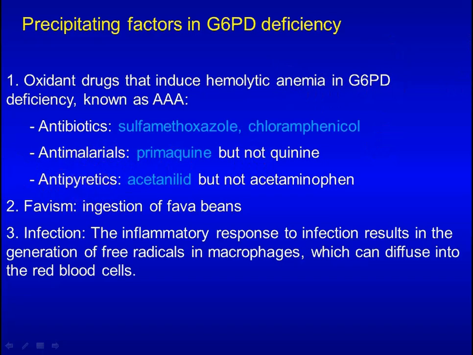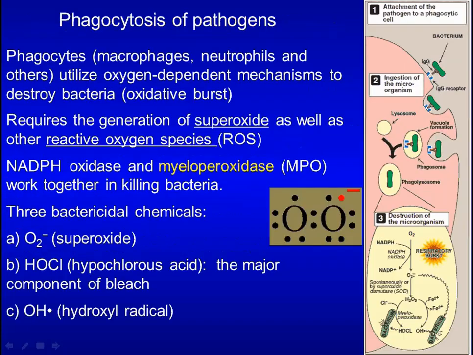Second, certain food such as fava beans. And third, infection. Inflammatory responses to infection result in the generation of free radicals in macrophages, which can diffuse into the red blood cells.